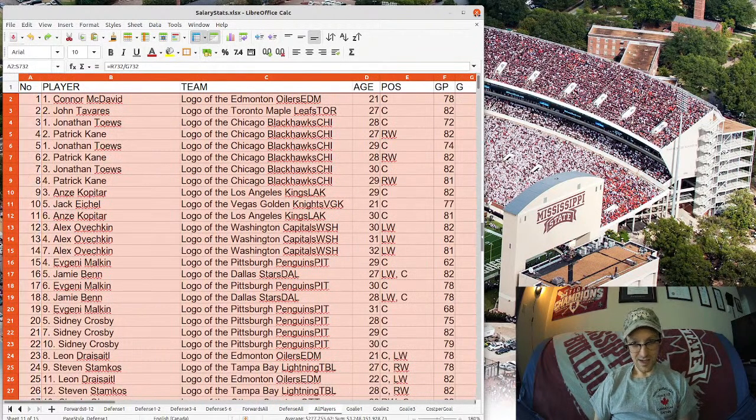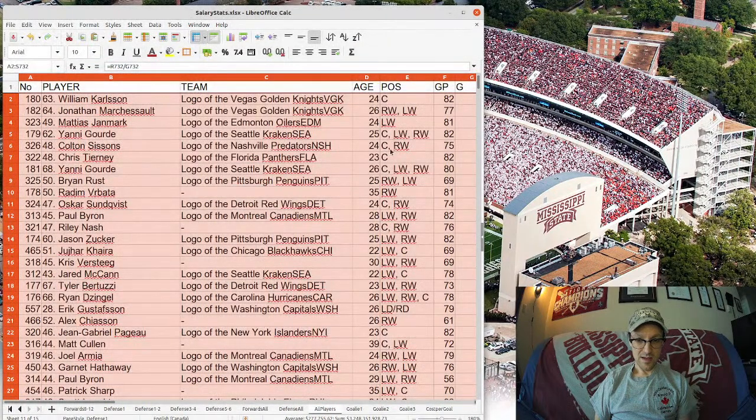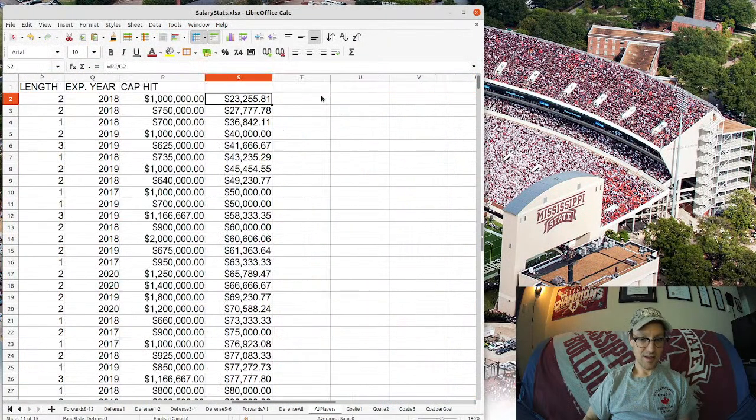That does. Okay, good. Ascending column S. Okay.